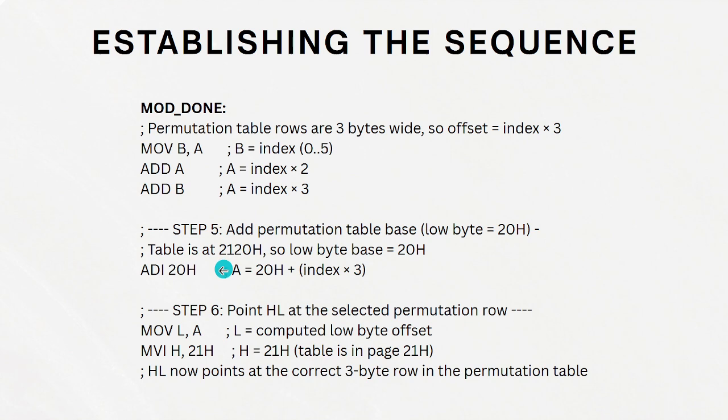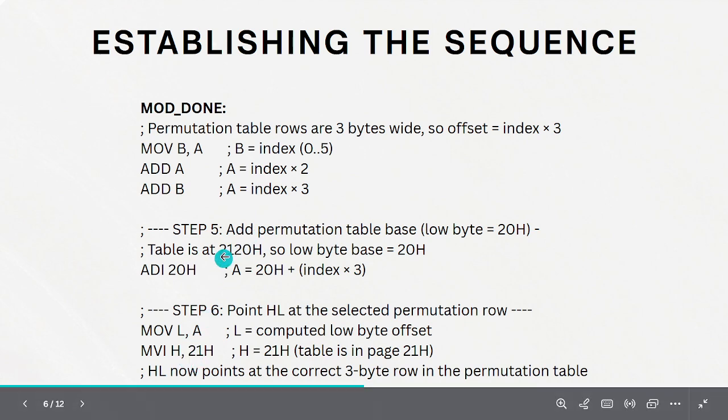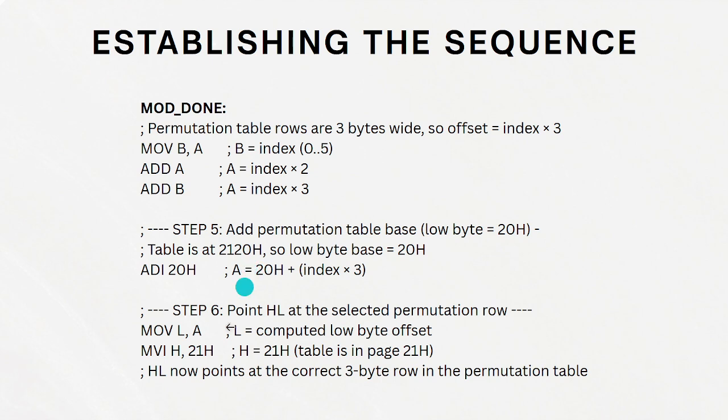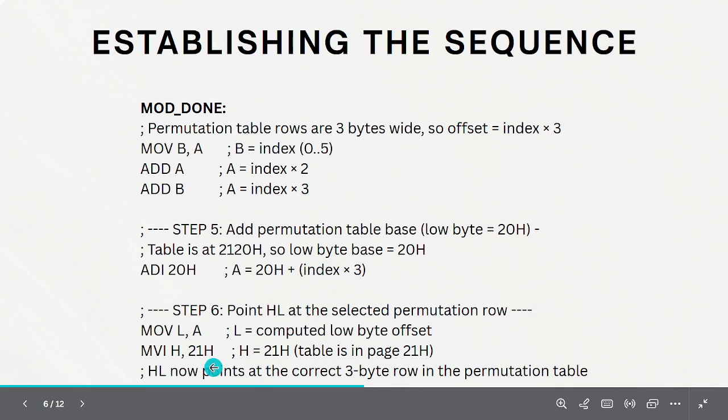Then, because we actually want a full 2120 or 21xxh, we'll store the 21h as the higher pointer, and whatever is stored in A into the lower pointer. And now what we get is that the starting pointer of the sequence is stored in the HL register.